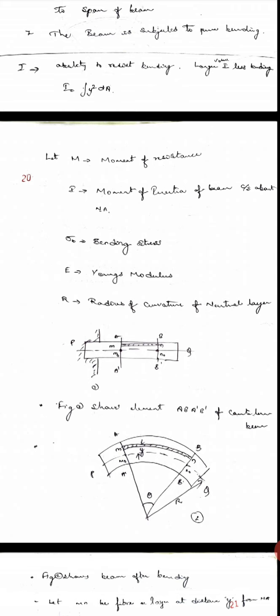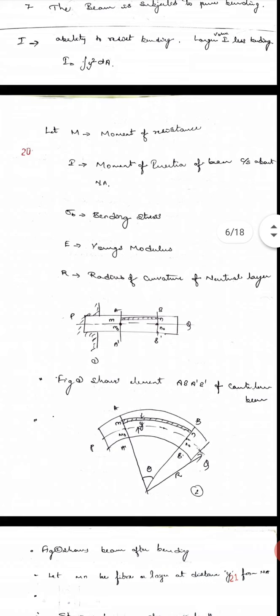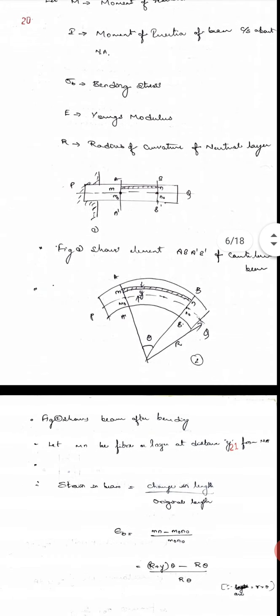The beam is bent by angle theta, and the bending radius is R, the radius of curvature. So the fiber or layer is at distance y from the neutral axis. Strain in the beam is change in length by original length. Strain epsilon b equals MN minus MONO upon MONO.